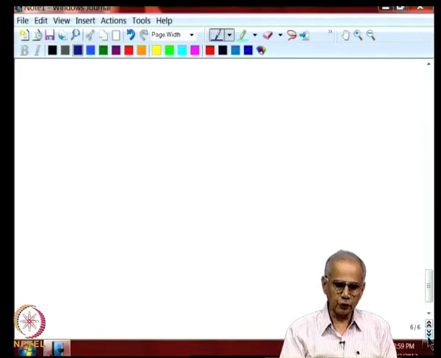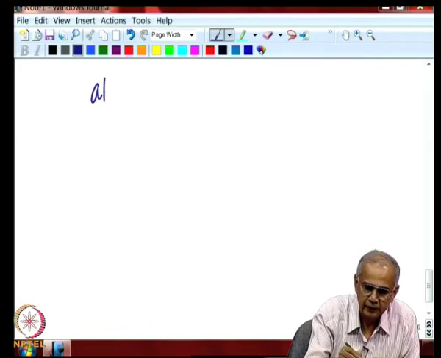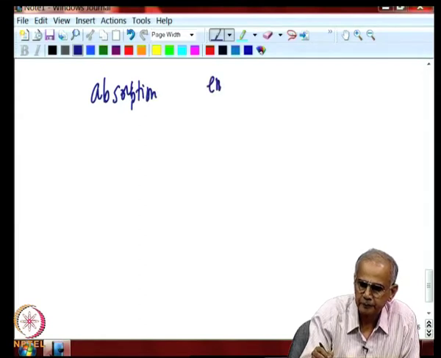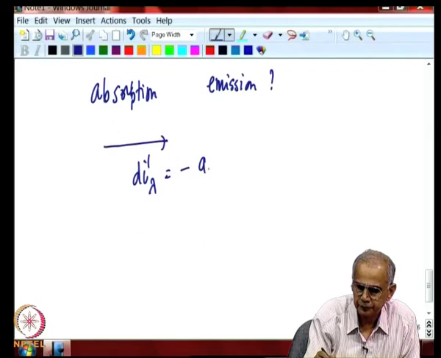Now, in the discussion so far, we have only talked about absorption. We neglected scattering without absorption. Remember, a gas which absorbs will also emit. How about emission? So, when you are going along a path, there is a decrease in the intensity on account of the absorption by the gas.